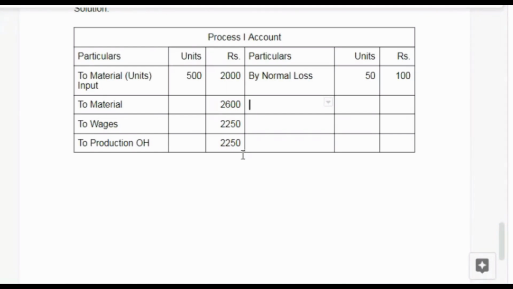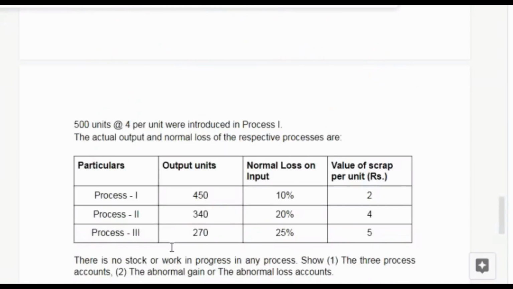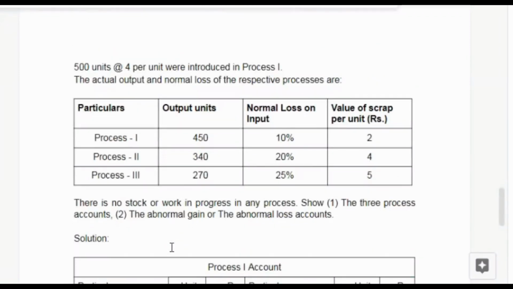So here, by process 2 account, this is the output of the first process, 450 units. Here an amount is not given. And there is no additional information remaining regarding this process.